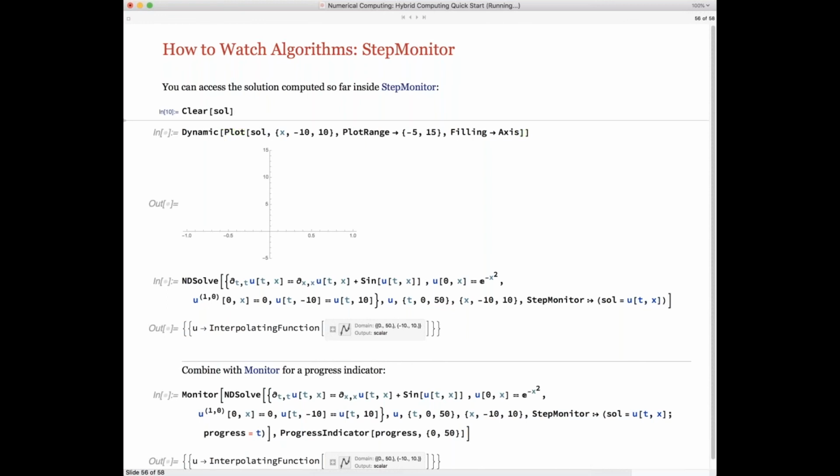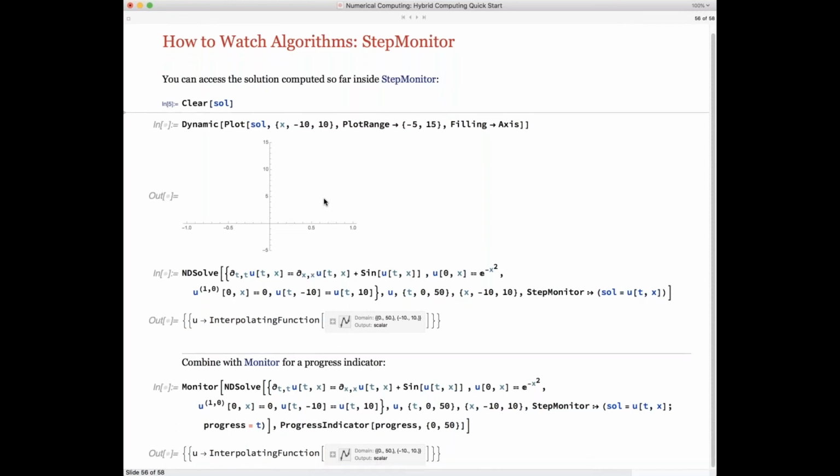Initially, because the variable sol is empty, the plot is blank. But when NDSolve is used, at each step, we will set sol to the current value of the solution, and the result is a live plot showing the current state of the simulation as it proceeds.